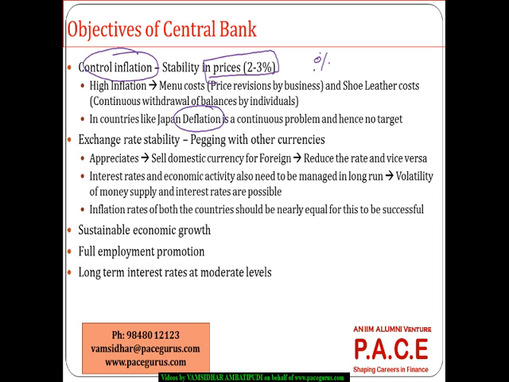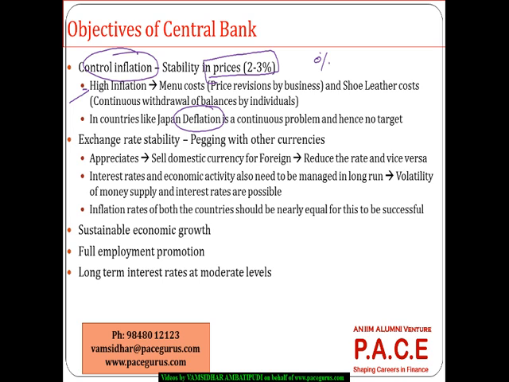So generally, any country that is targeting controlling the inflation tries to set the prices in the range of 2 to 3% growth. That is what they call stability in the prices.